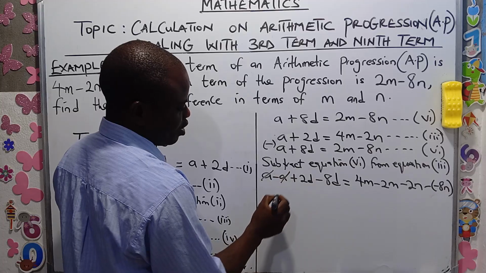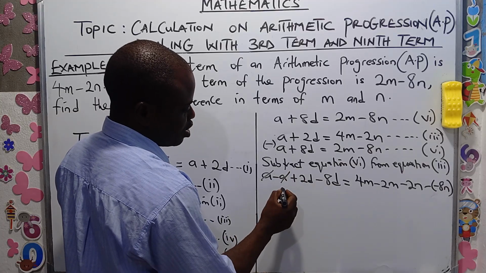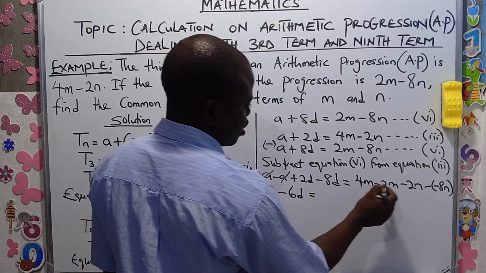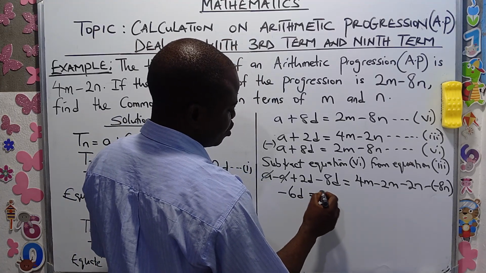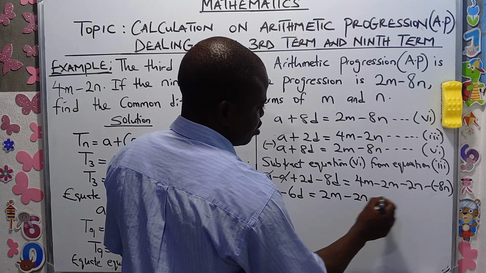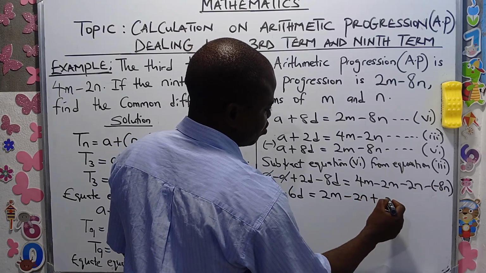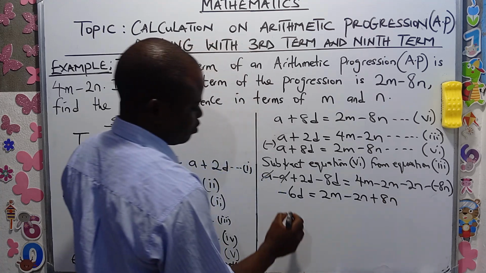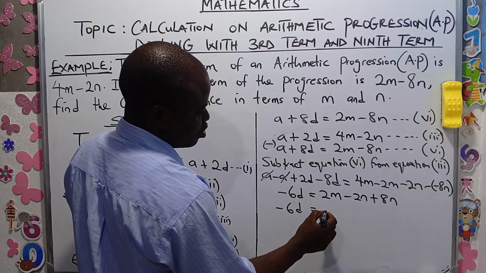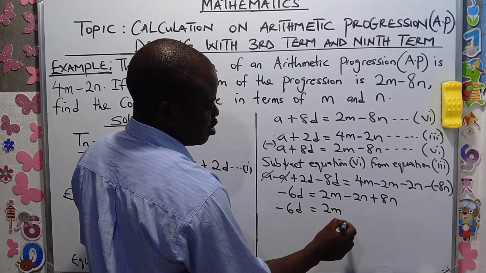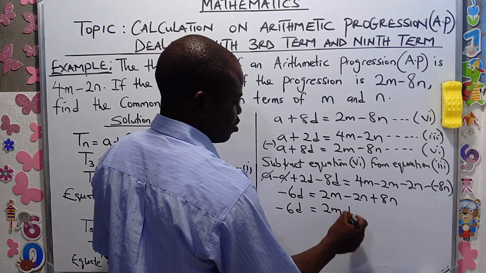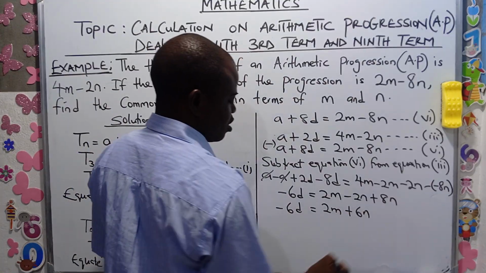now a cancels a, 2d minus 8d, that's minus 6d equals 4m minus 2m, that is 2m, minus 2n, negative and negative, that's positive, plus 8n. Minus 6d equals 2m minus 2n plus 8n, that's plus 6n.